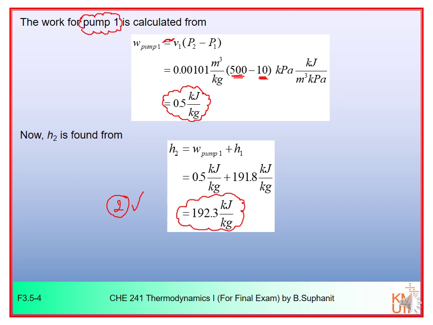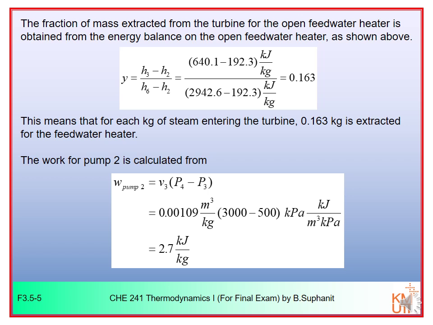Point number 3, although you know the enthalpy, the other parameter that you need to know, and it's very important, is the fraction of the steam that you have to extract from the extraction turbine, or the Y fraction value. You can calculate that by doing the energy balance around the open feed water heater.